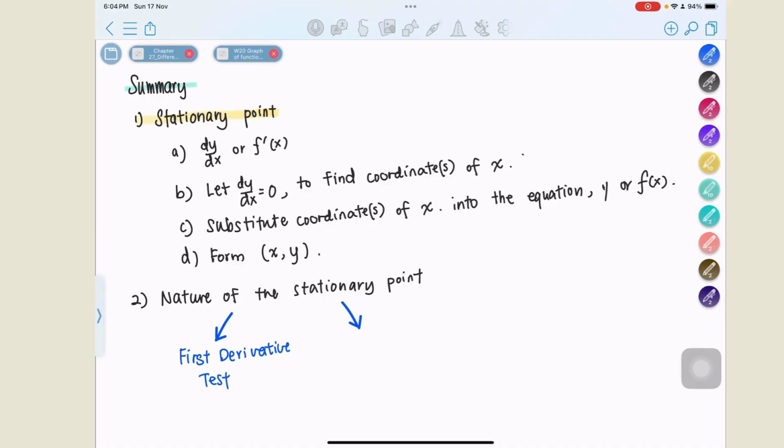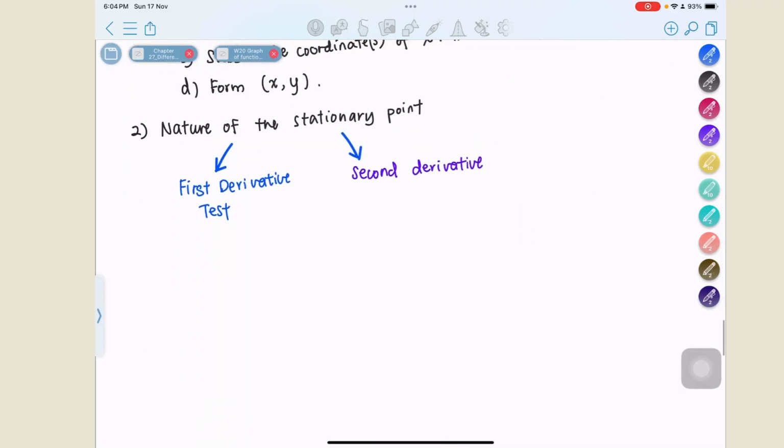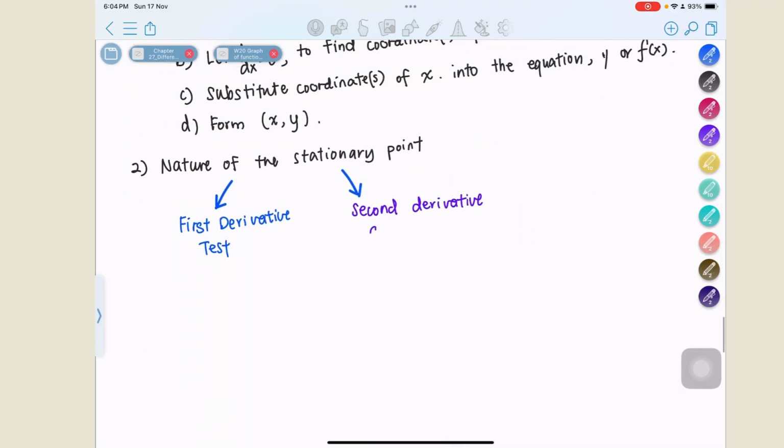The second we call the second derivative. How do we write the second derivative? We can write d2y over dx squared, or we can write f double prime x. There are 2 ways of writing it.